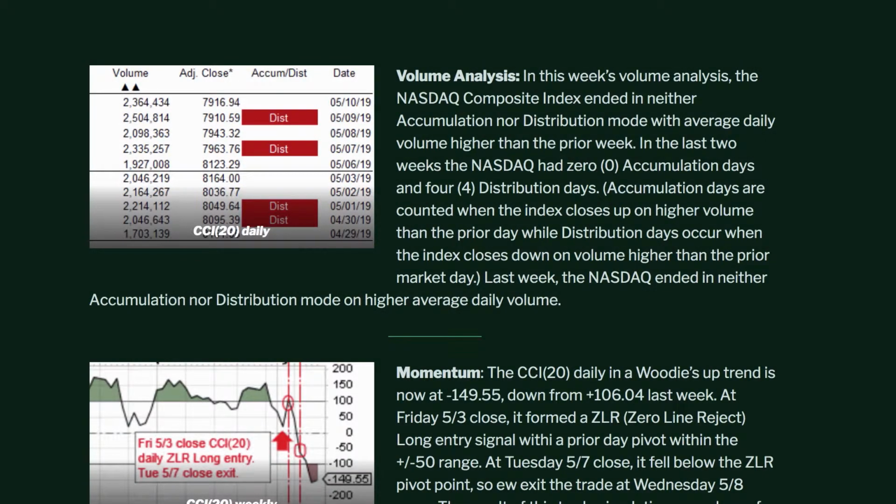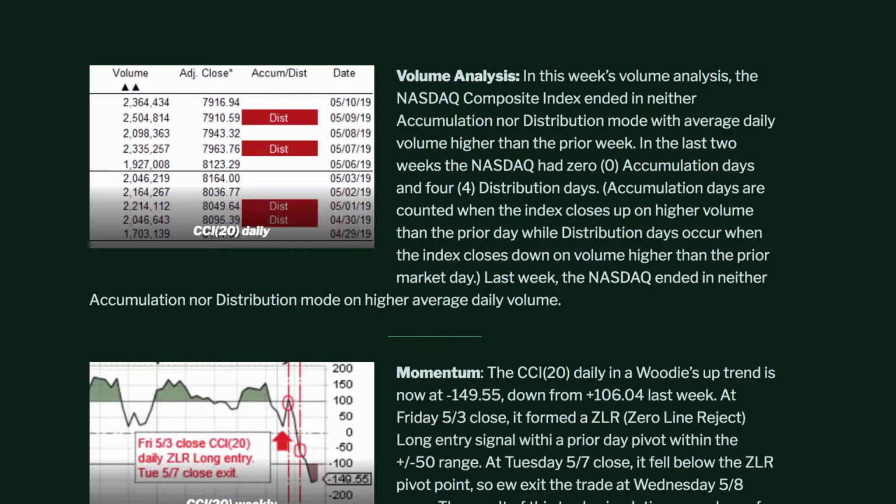Volume analysis. In this week's volume analysis, the Nasdaq Composite Index ended in neither accumulation nor distribution mode, with average daily volume higher than the prior week. In the last 2 weeks, the Nasdaq had 0 accumulation days and 4 distribution days.